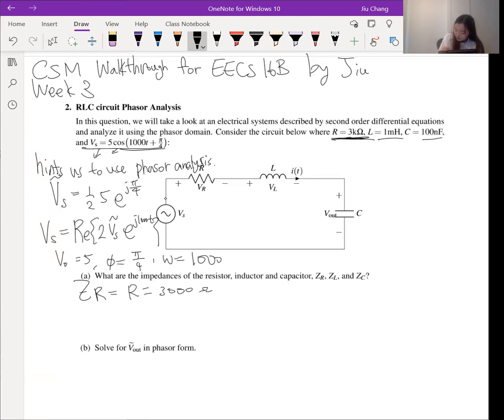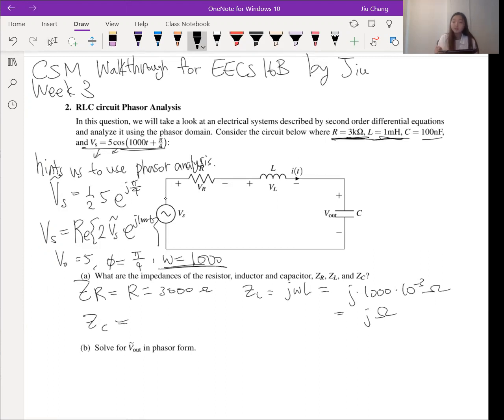For the impedance of the inductor, we have j omega L, which is just j times 1,000 times L, which is 10 to the power of -3. That would just be 1 j, so j.